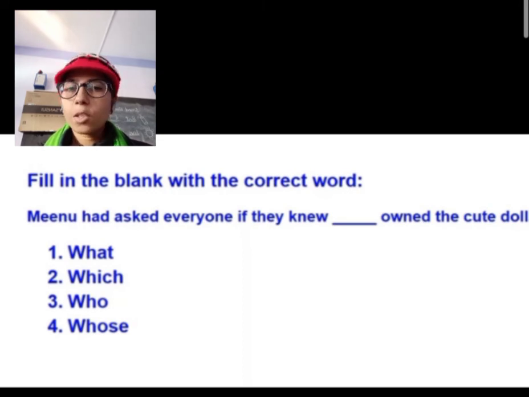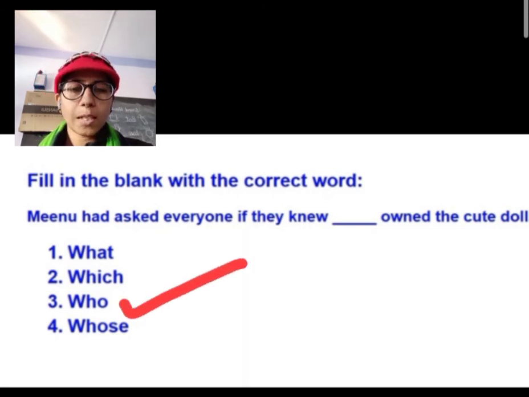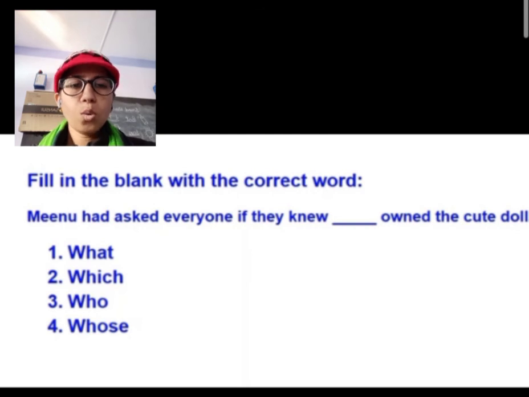So here we all know that in this sentence Meenu had asked everyone if they knew about blank on the cute doll. About the specific person she is asking. So about the specific people when we ask, we will use who. So the right answer will be who. Who owned the cute doll.